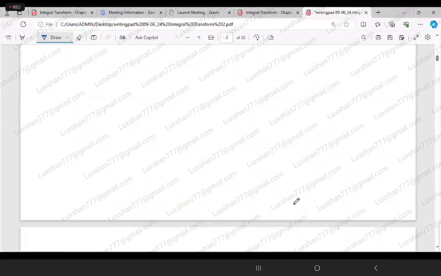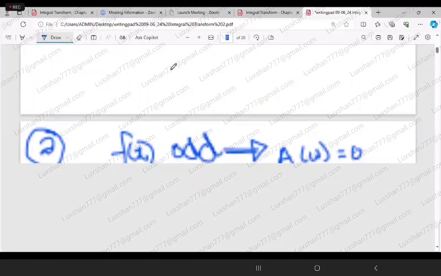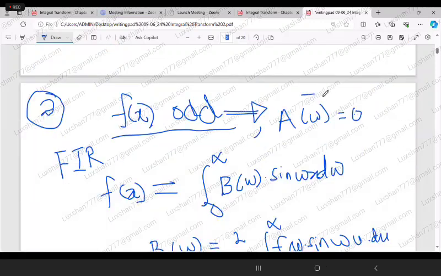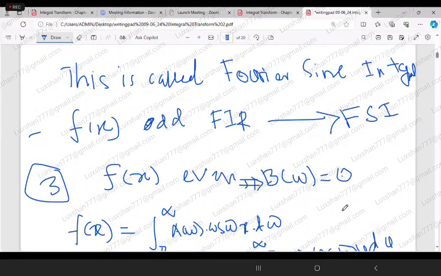In the earlier cases, the domain is minus infinity to plus infinity. Here also the domain is minus infinity to plus infinity, and in the third scenario also the domain is minus infinity to plus infinity.